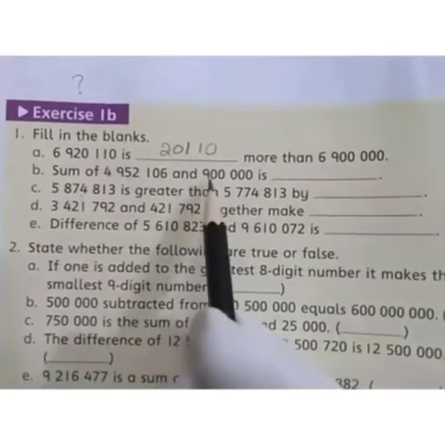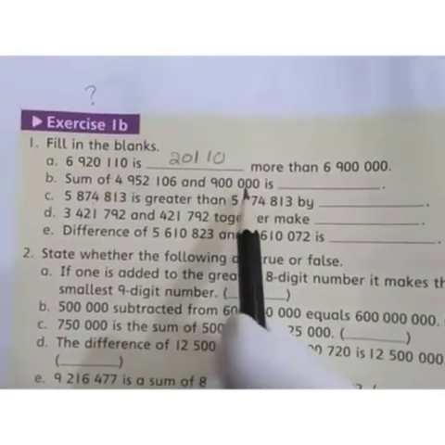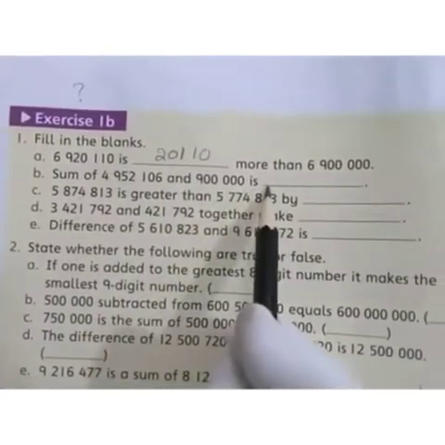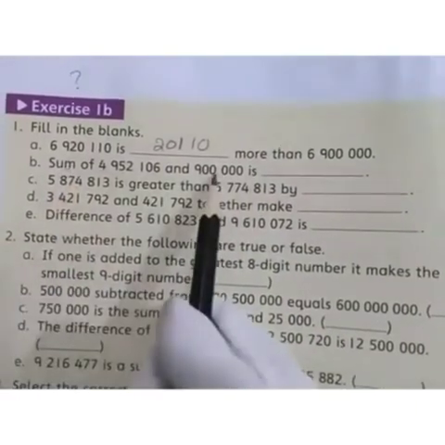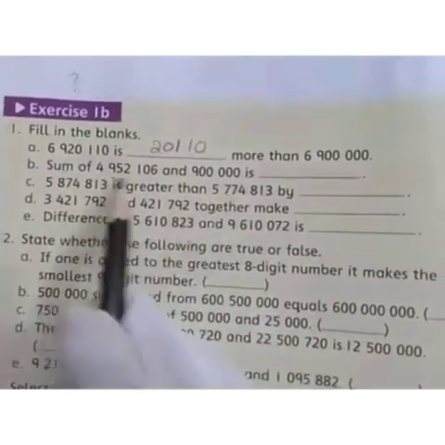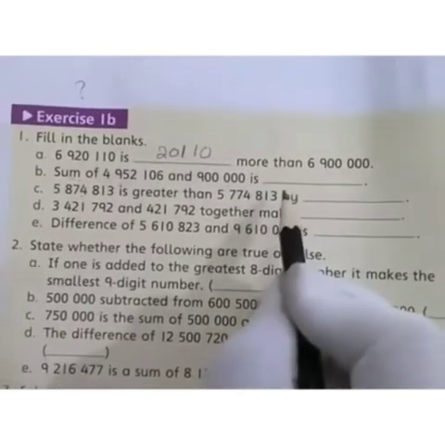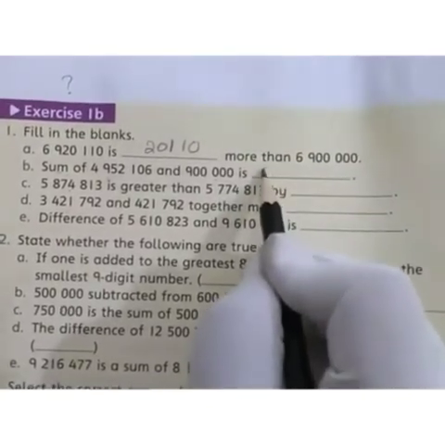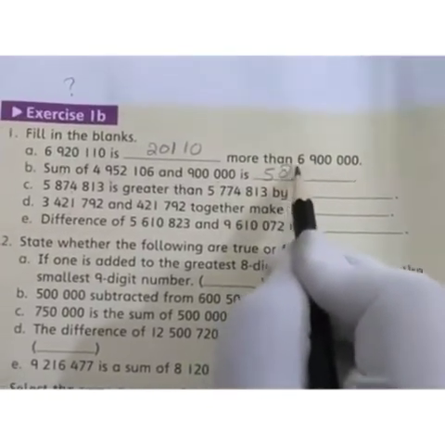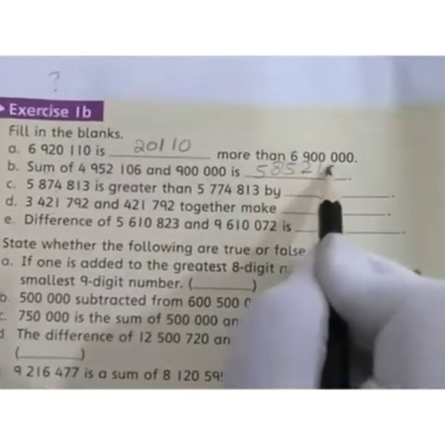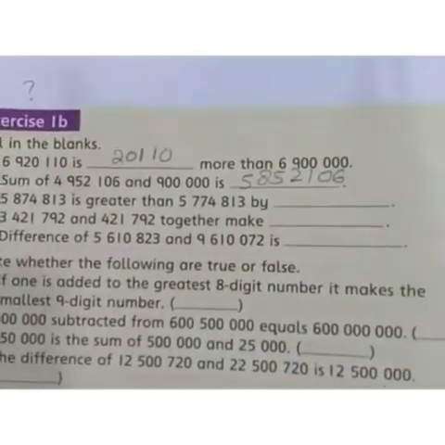In part B, sum of 4952106 and 900000 is, what we have to do? Sum means addition. We add these two numbers and the answer we got is 5852106.